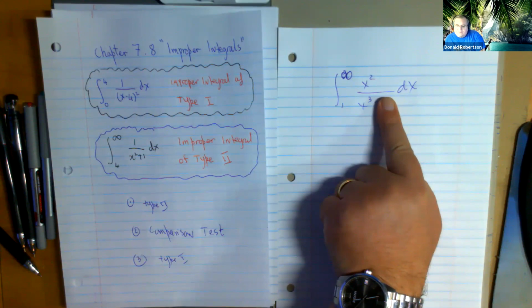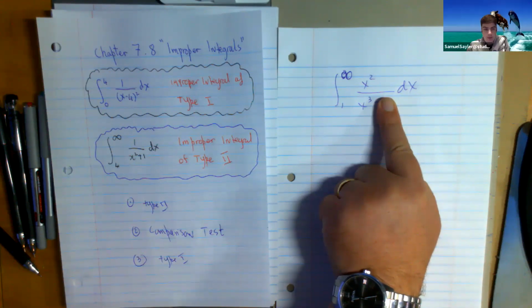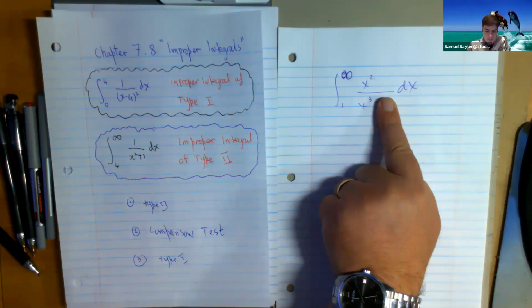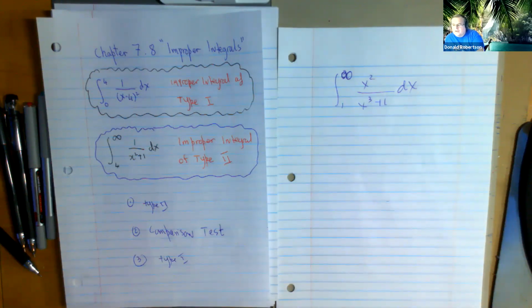Who does this guy behave like? One over x. And does 1 over x converge or does it diverge? Diverges. So can I do this without having to do U subs in 5 minutes of work?